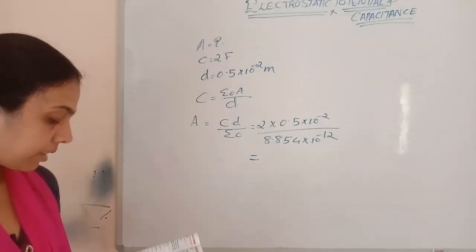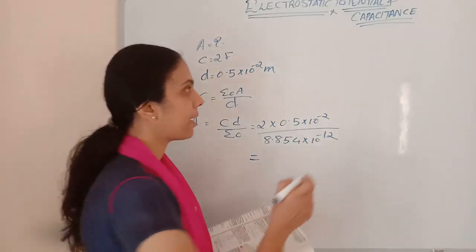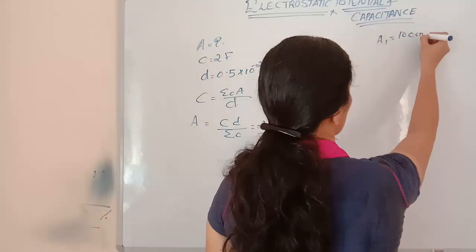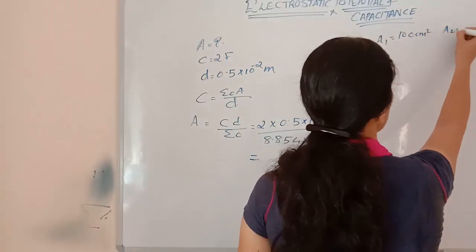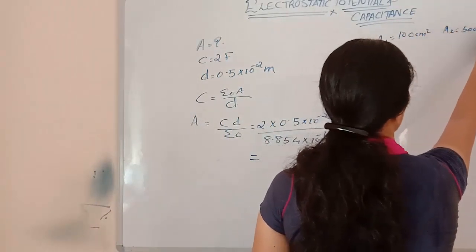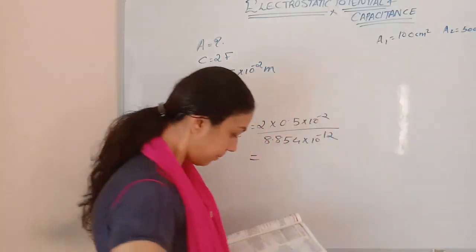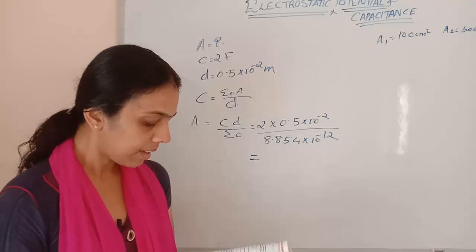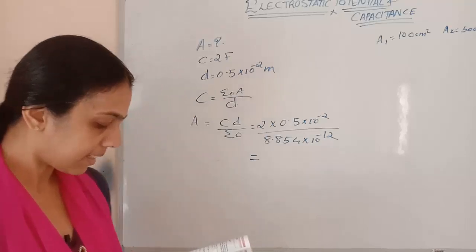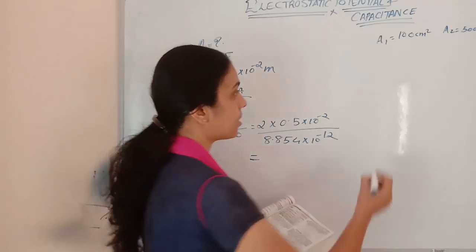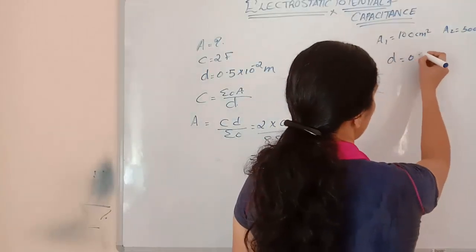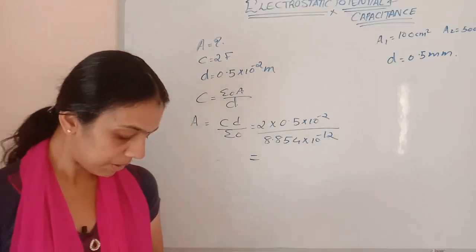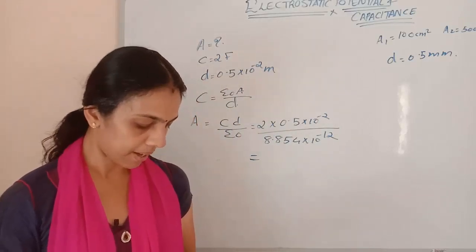So here two parallel plate capacitors, their areas are given as A1 equals 100 centimeter square and A2 equals 500 centimeter square. D is given as 0.5 millimeter. So we need to find out the distance between the plates of the second capacitor.